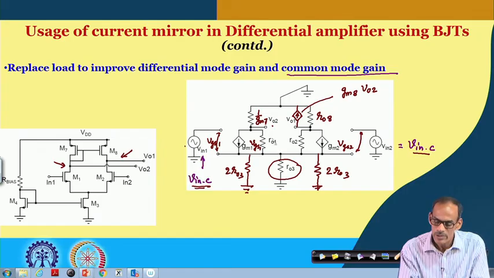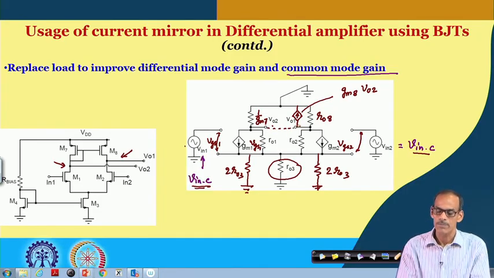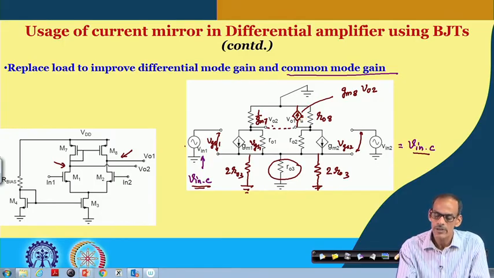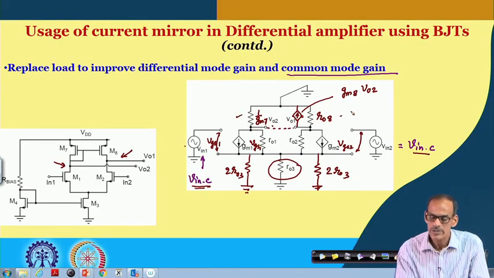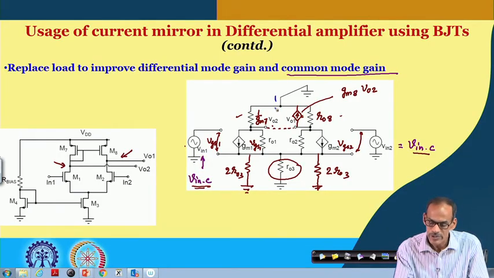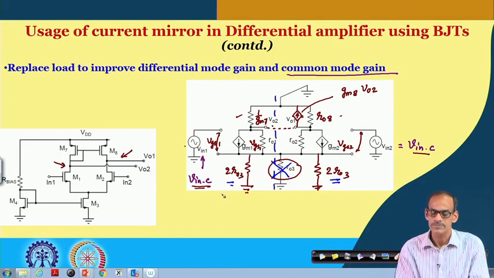So, we may say that this node and this node are virtually short. In fact, if you short it, then this voltage dependent current source can be replaced by one resistor, which is the same as 1 by GM8. So, that makes the left and right parts identical, and hence you can split the circuit without any effect. So, you can replace this resistor by these two identical resistors.